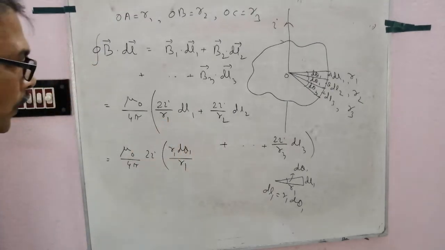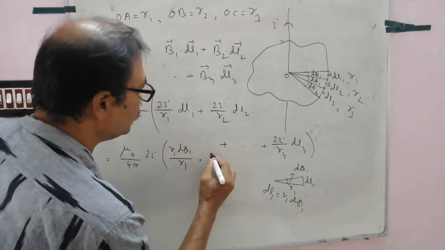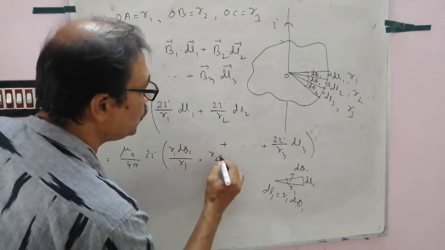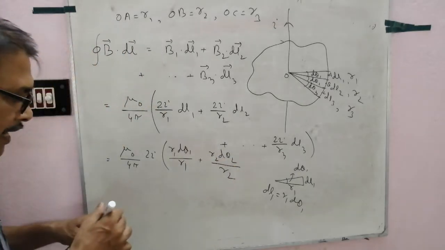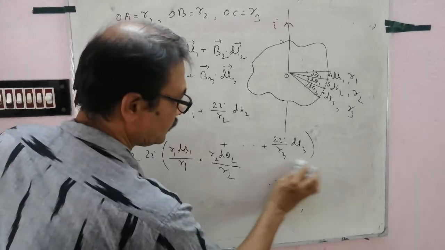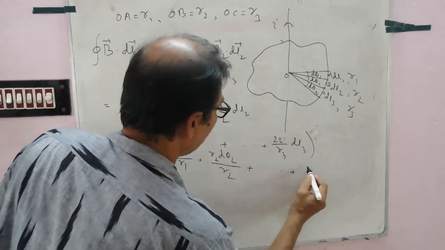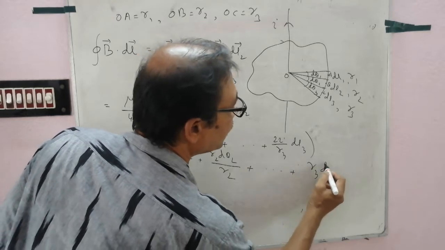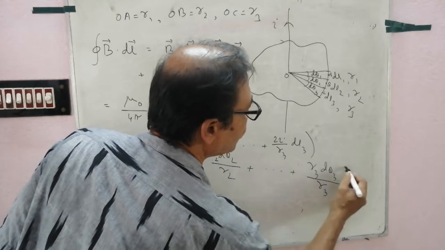Putting the value of DL1, putting the value of DL2, R2 d theta 2 by R2. Clear? Plus Rn d theta n by Rn. Okay?